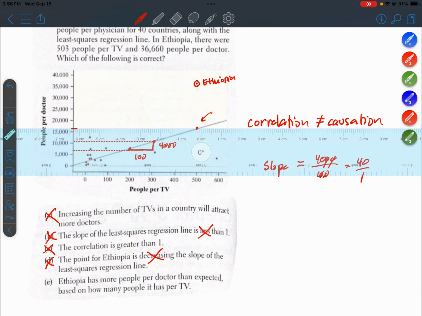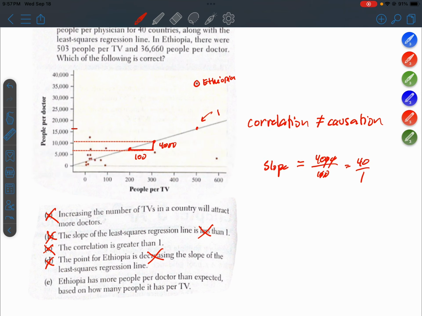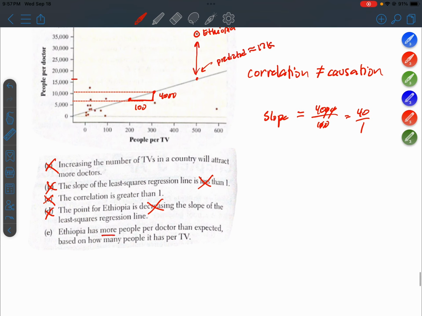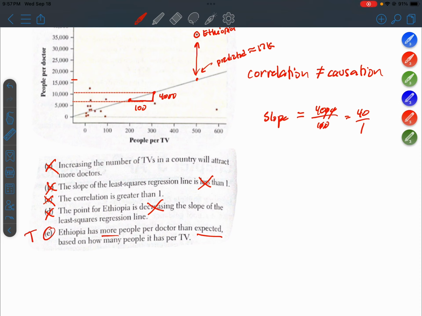I'm looking over here at the y-axis. So the predicted value is about 17,000. The actual value for Ethiopia is closer to 36,000. So Ethiopia has a very large positive residual. They have more people than what is expected or predicted by the model. So that is the true statement.